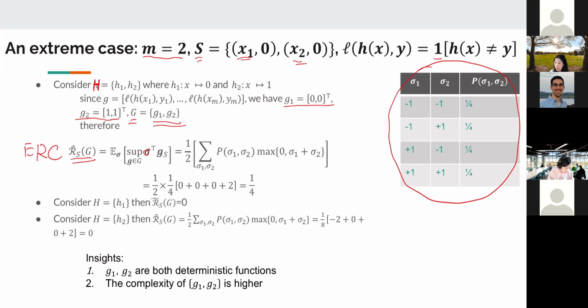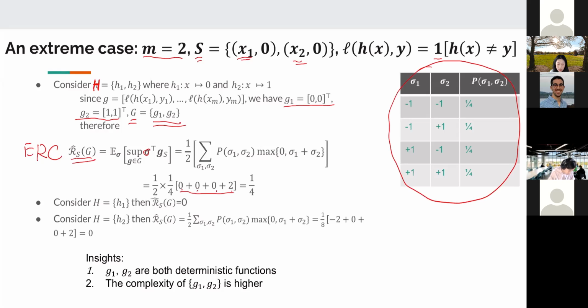If you calculate this expectation by enumerating all the possible values that the sigmas could take, it's going to be -1, -1, then -1, +1, and so on. So there are 4 different values, and the results are going to be 0, 0, 0, and 2.